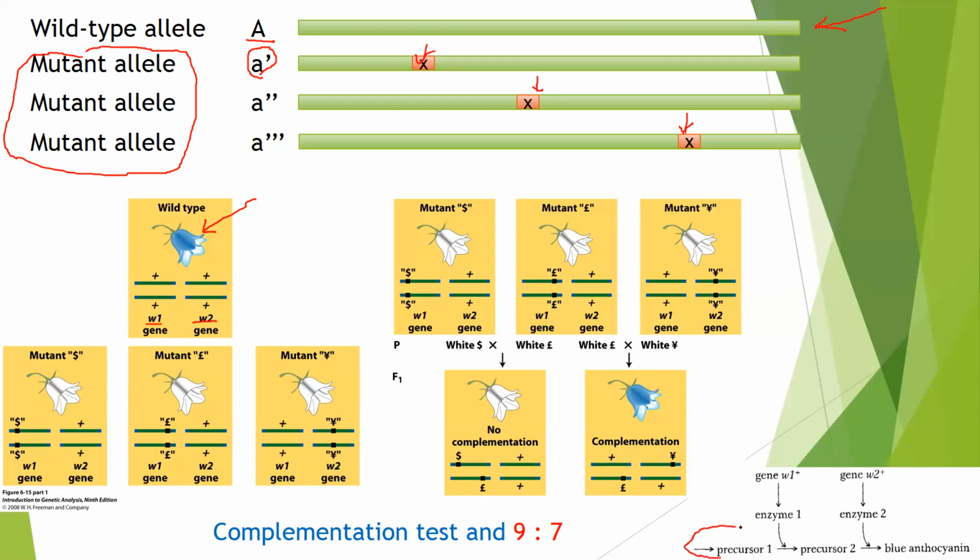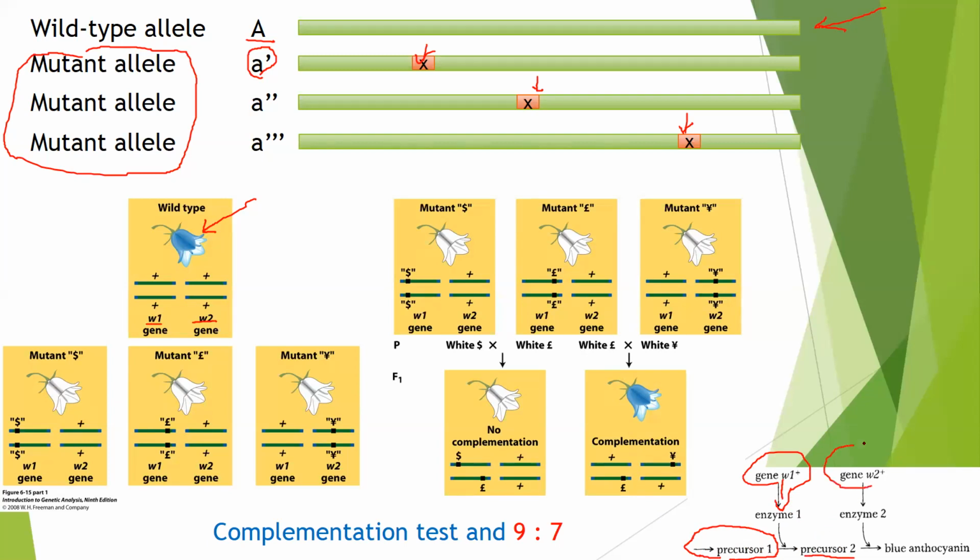Suppose this is the pathway, starting from a colorless precursor 1, and the first gene will produce the first enzyme, enzyme 1, and this enzyme will transform this colorless precursor 1 into precursor 2, which is also colorless.